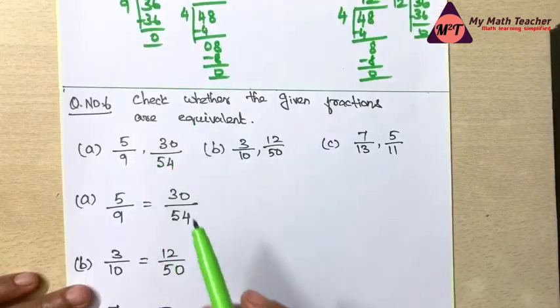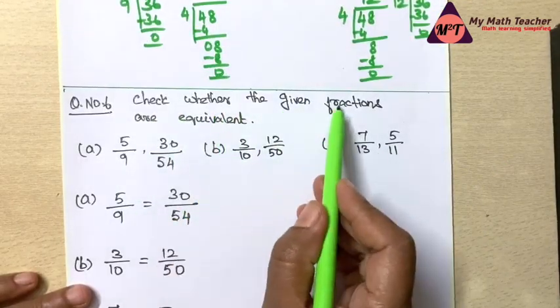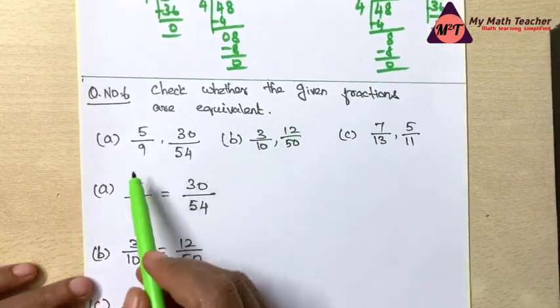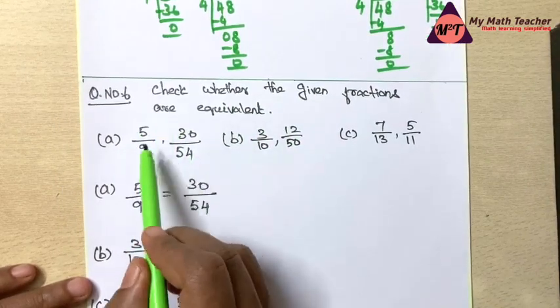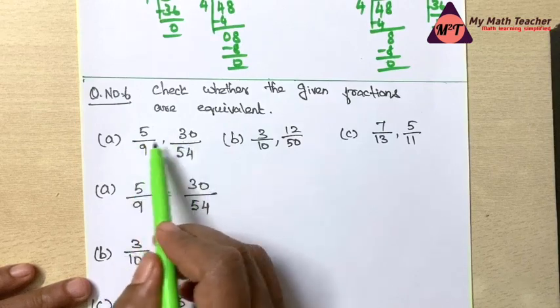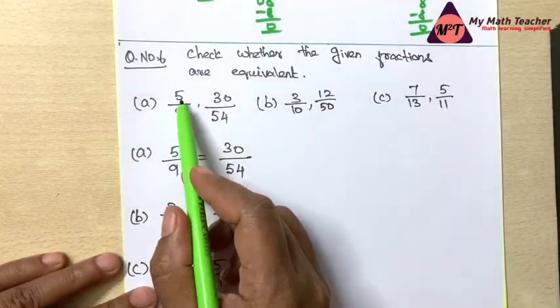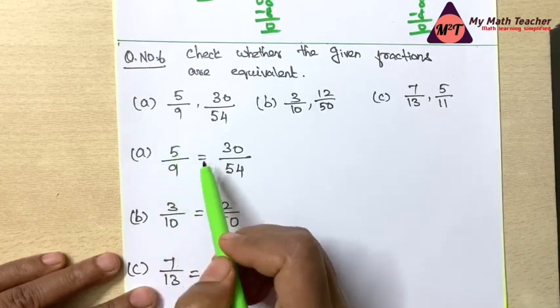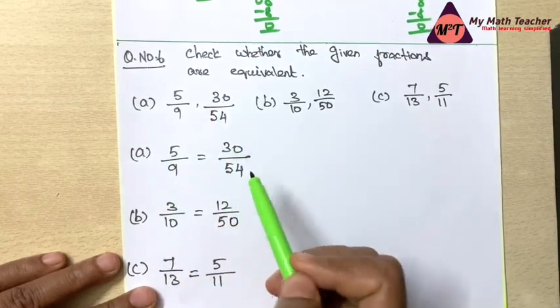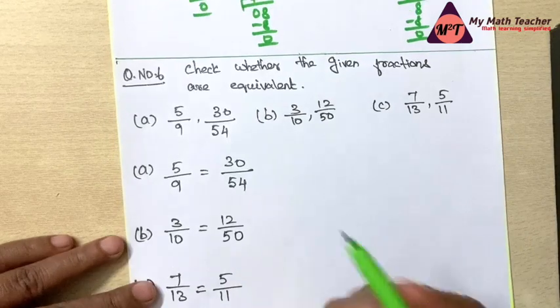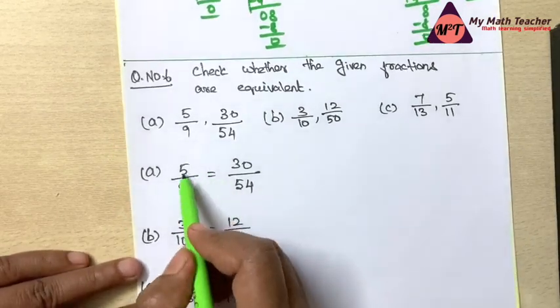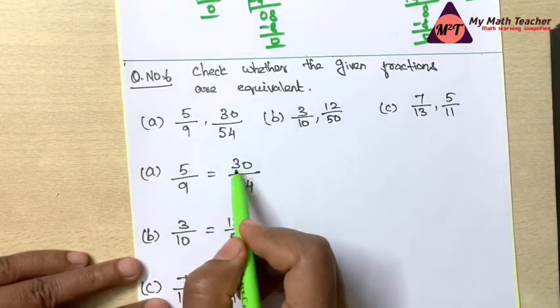The sixth question: check whether the given fractions are equivalent. Now here no need to find anything. You have to check whether the two given fractions are equal or not. We have to check 5 by 9, which is the first fraction, whether it is equal to 30 by 54 or not. This is a smaller number, this is the greater one.